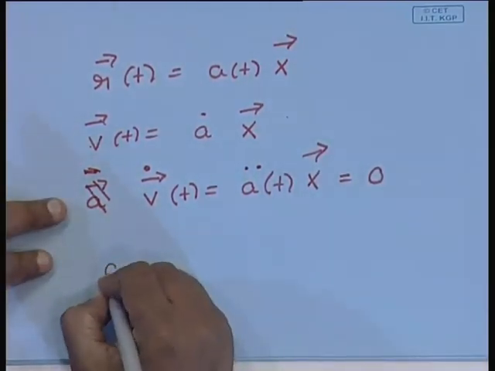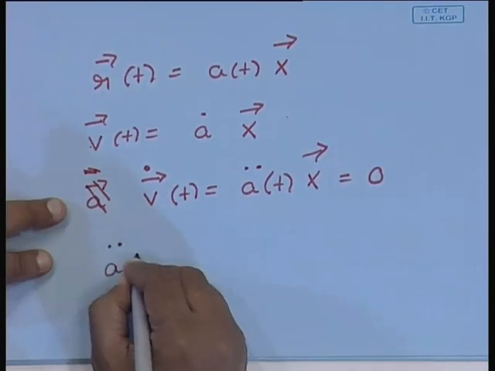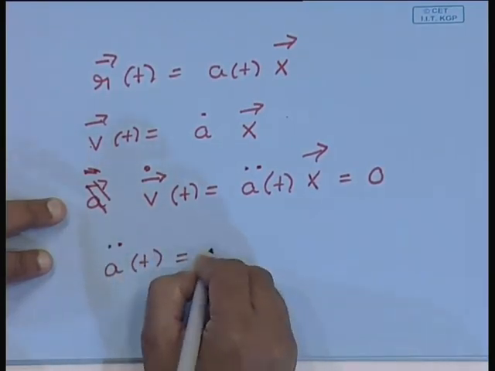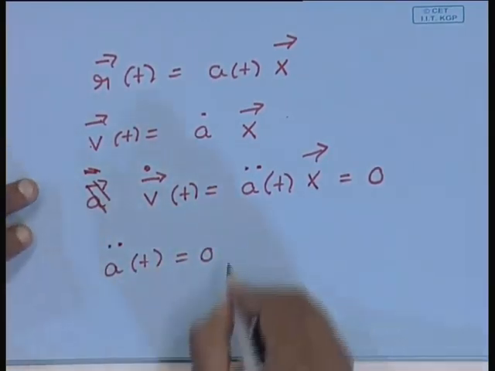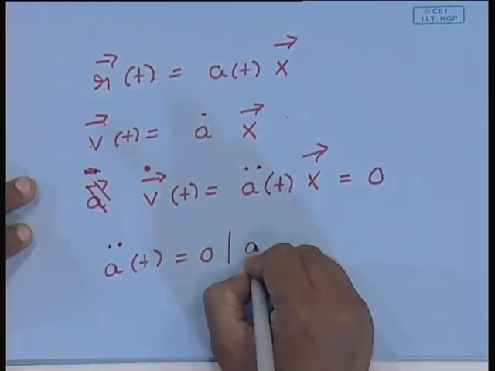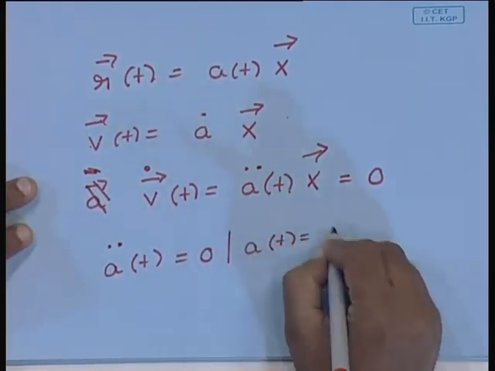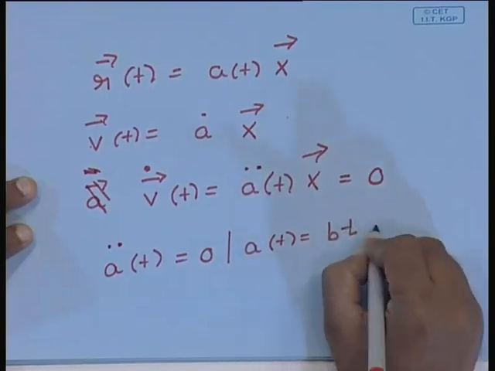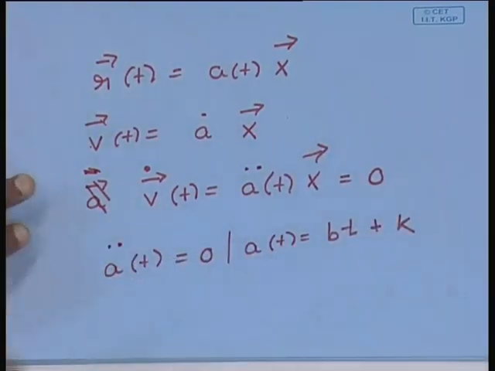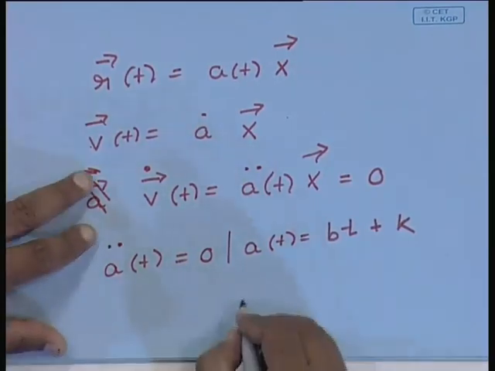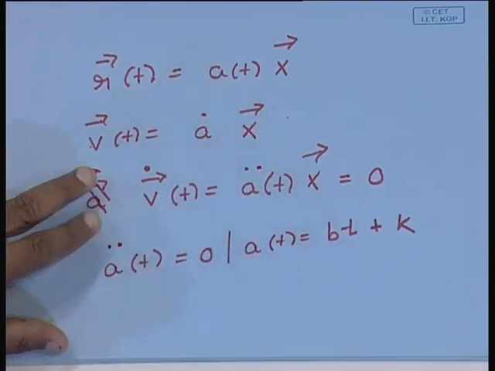So, if it is free expansion, the second derivative of the scale factor should be 0, and we know the solution to this equation: A of t, the scale factor, will be some constant b into time plus another constant k. This is the most general solution. If I plot this, it will be a straight line.